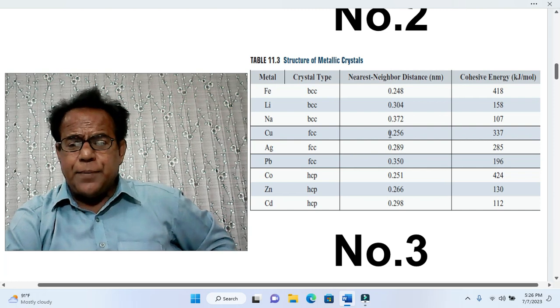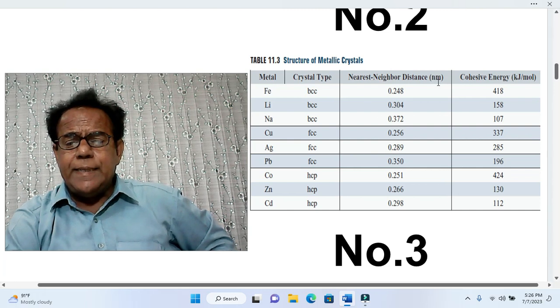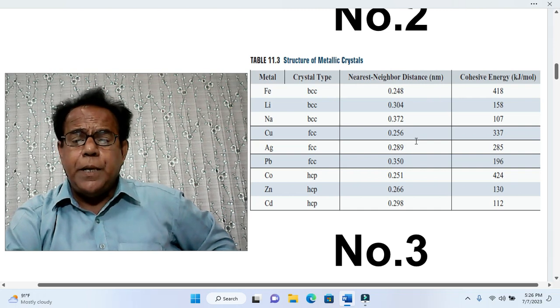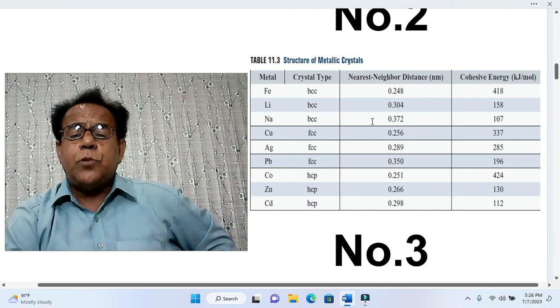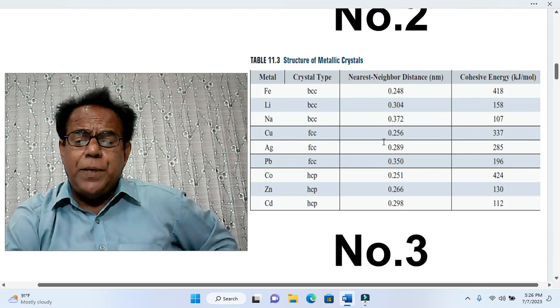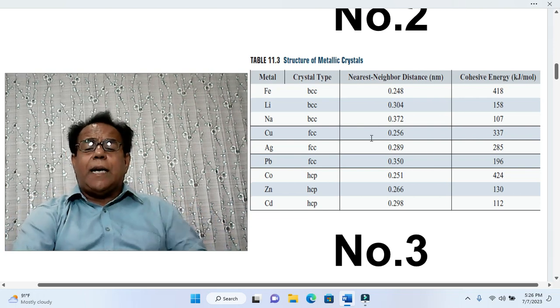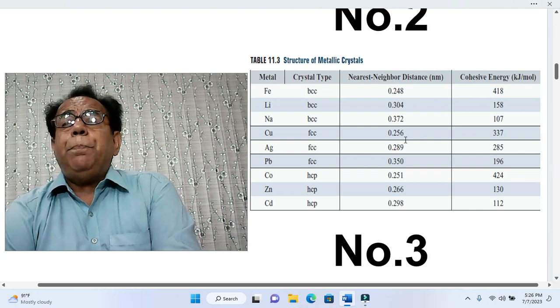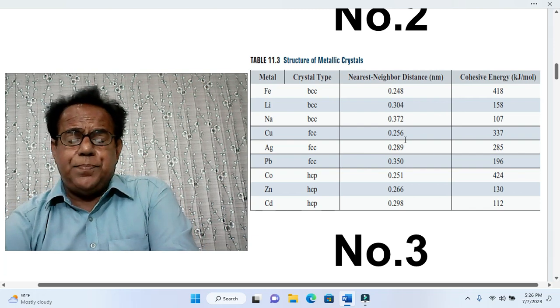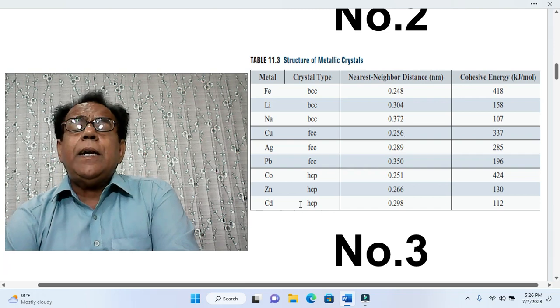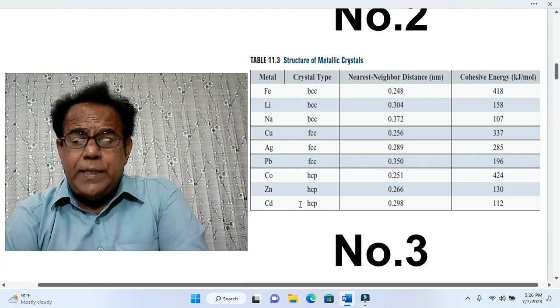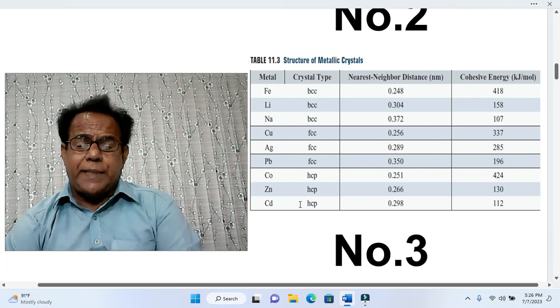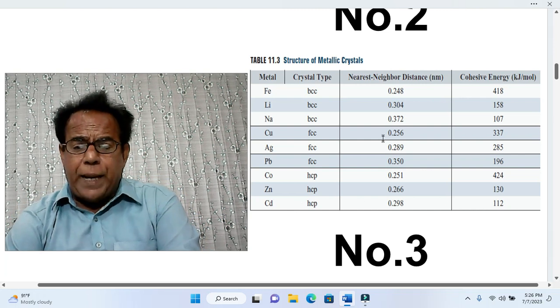Yes students, this is the nearest neighbor distance in nanometers, 0.256. This figure will not really be used in our solution, just compared, because in the last portion of our statement we are asked to compare spacing. We are required to give the estimated number of spacings in comparison with this distance.